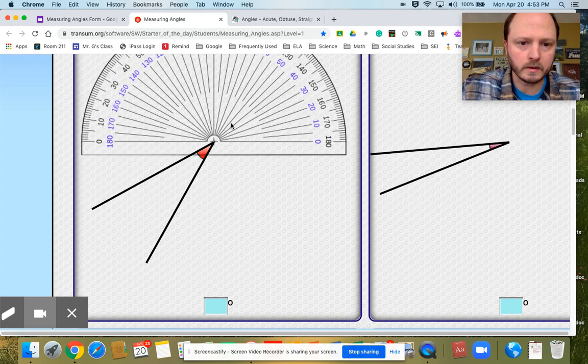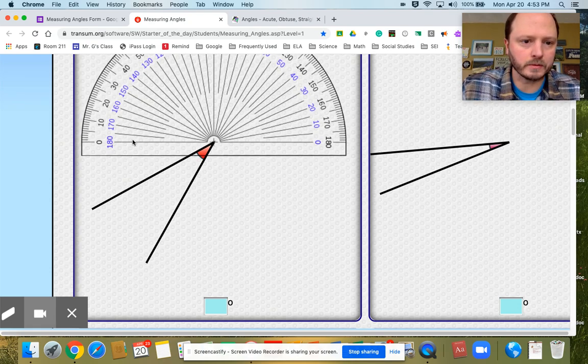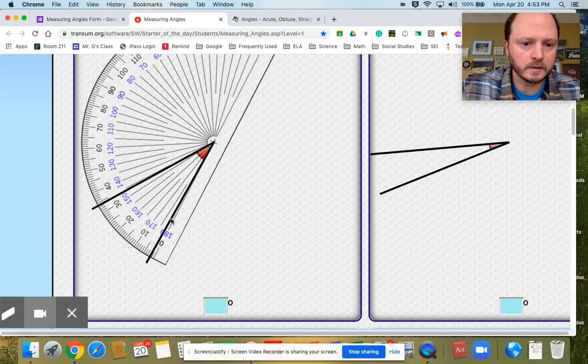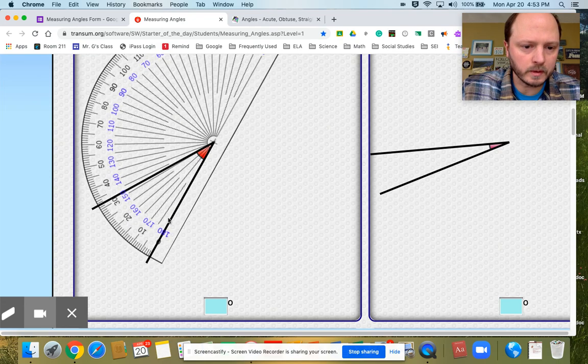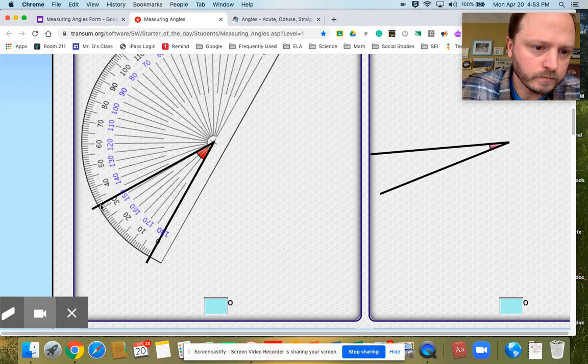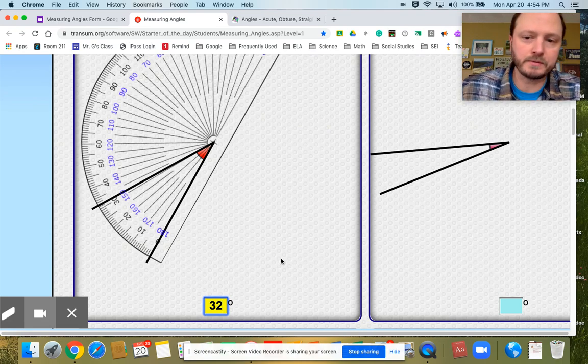Okay, so vertex on the center point, and then hold that shift key, rotate, and one more. Yeah, that is about where the 0 mark is. Now, one side is lined up with 0, and we're going to count up from 0, and I get about 32. And that's the size of that angle.